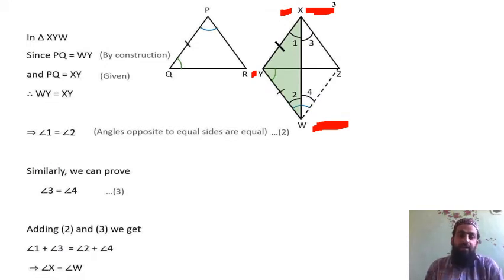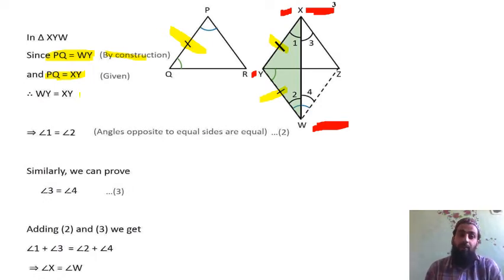I wrote down, since PQ is equal to WY, and why are they equal? Because we have done this in construction. So I wrote down by construction. And PQ is equal to XY. This was given to us in the statement that side PQ and side XY are equal to each other.